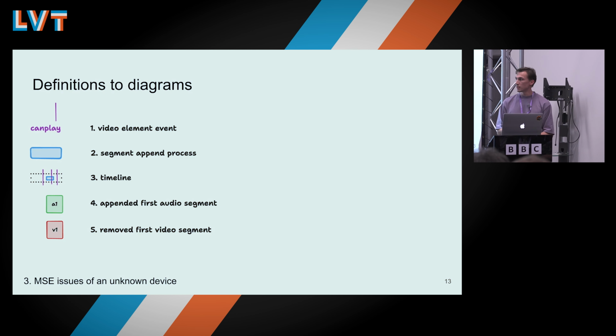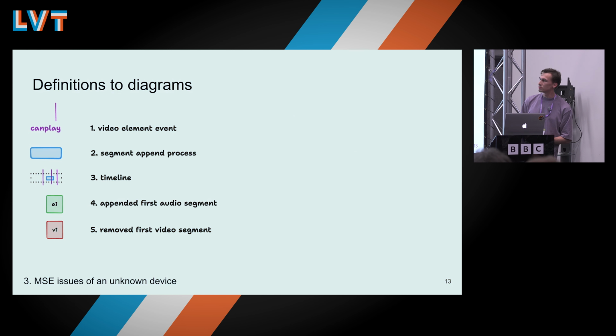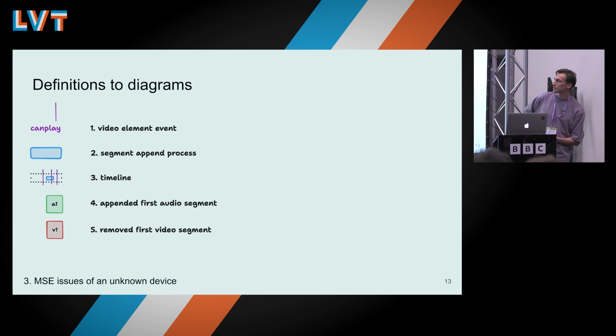To better show you what the issues are, I drew some diagrams, so you will see these bits on the diagrams. First, media element events; rectangles are segments and processes for both audio and video.